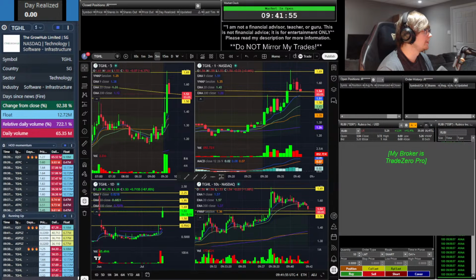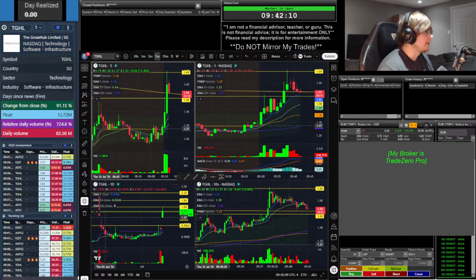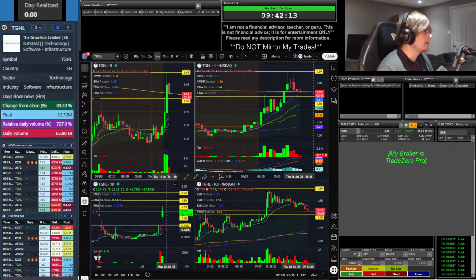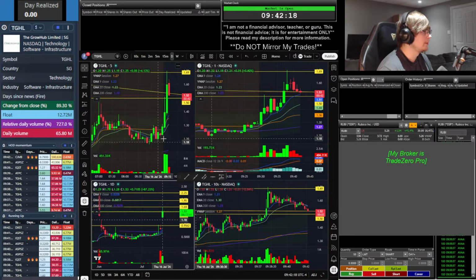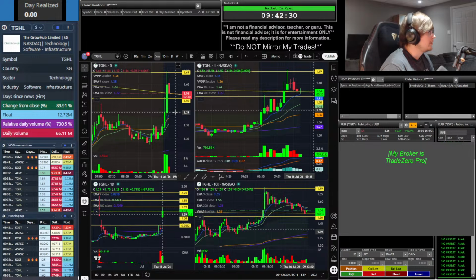I don't even know why it's continuing to go higher, to be honest. The news is basically that it was trading below $1, so it didn't meet the NASDAQ requirements, and they were going to request a hearing, and now we're above $1.50, so it's potentially going to resume the NASDAQ minimum bid requirements if it holds up. But I don't think this is really that strong.